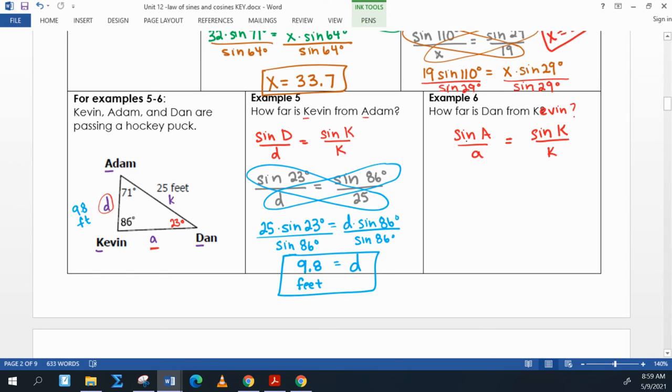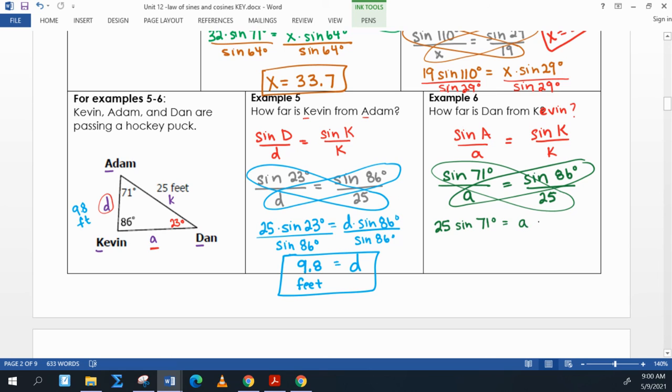We're going to find our angle A, which was 71 degrees, divided by little a, that's what we're looking for, is equal to the sine of angle K, which is 86 degrees, divided by little k, which is 25. Okay, and cross products multiply. 25 times the sine of 71 is equal to A times the sine of 86.